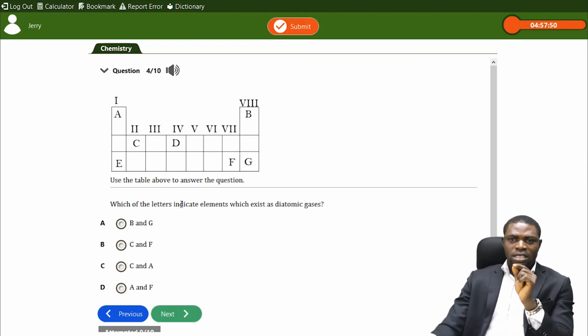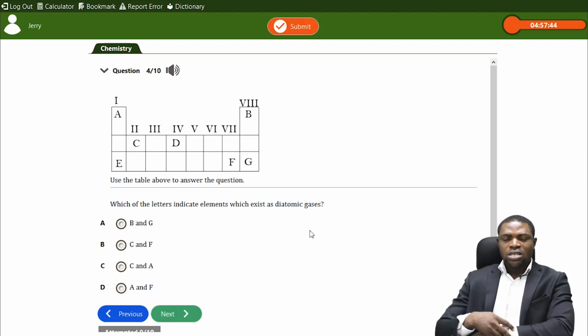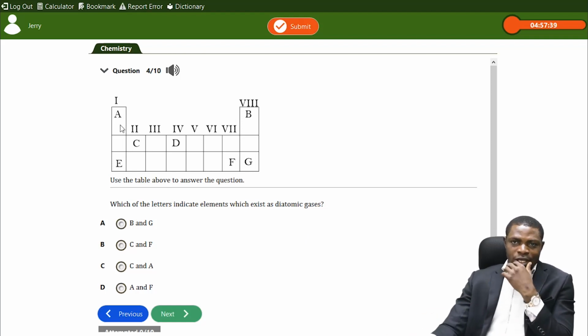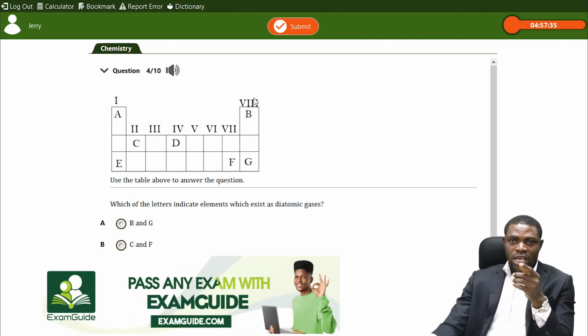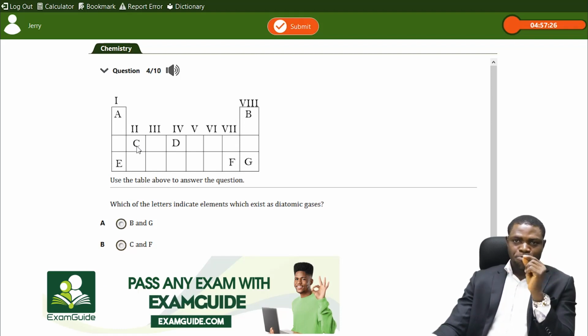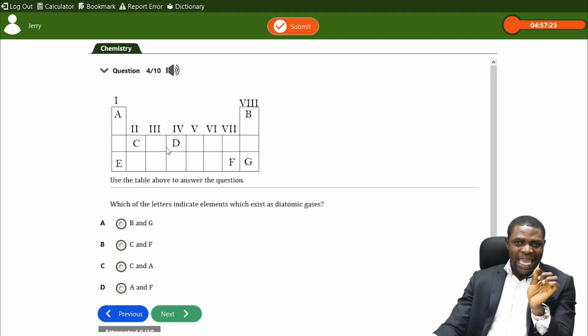Which of the letters indicates an element which exists as a diatomic gas? Now, you have A, B, C, D, E, F, G. A is hydrogen, B is helium, and C is beryllium.